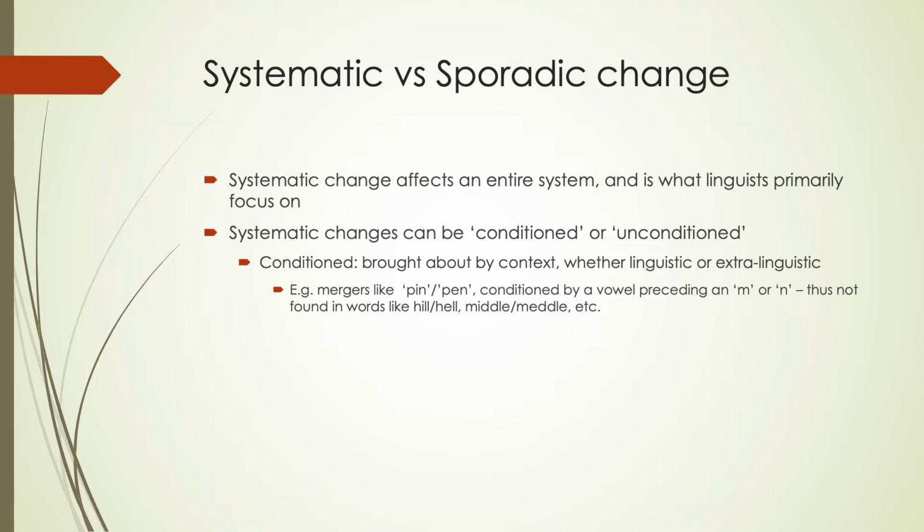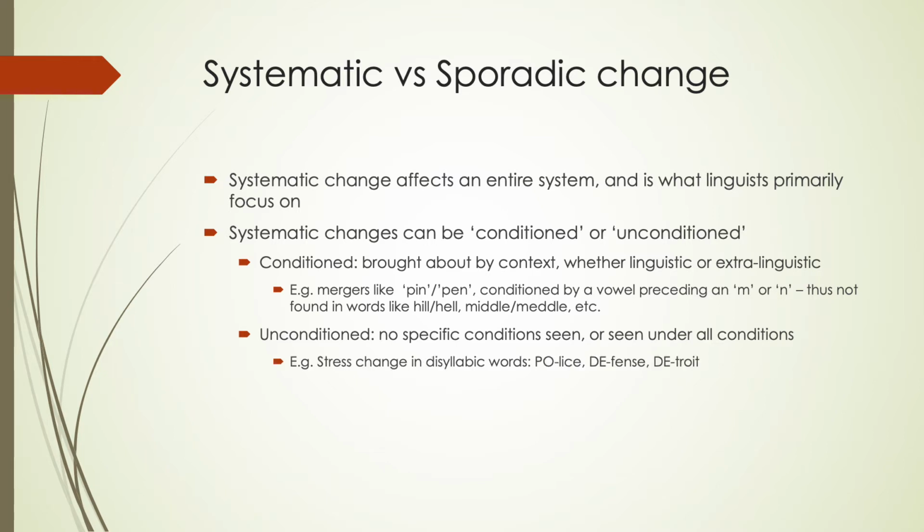And then if we have an unconditioned one, this would be something where we can't figure out or can't find a specific condition, or it could just be happening under all conditions. So there's times where you don't necessarily know exactly what's conditioning this change to happen, or times where everyone has just already done it. So something like an unconditioned one where we don't really see a specific condition would be a stress change in disyllabic words in some areas.